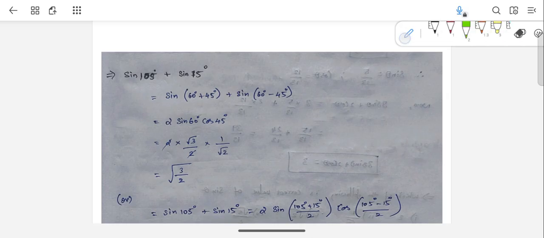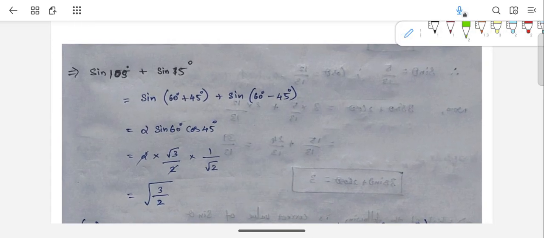First method: you can make use of the fifth formula, sin(a+b) plus sin(a-b). How to write this in that format? 105 degrees we can write as 60 plus 45, and 15 degrees we can write as 60 minus 45.